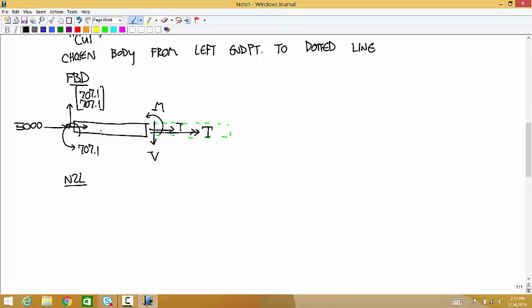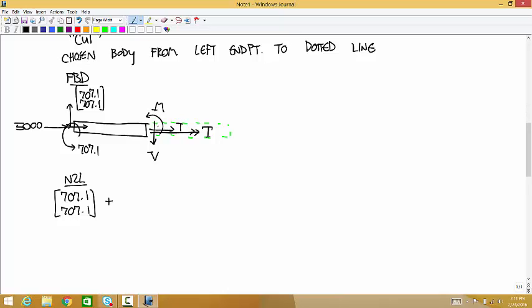So our forces at the left end are just 707.1, 707.1. And then at the right, there's a tension that's in the direction shown.